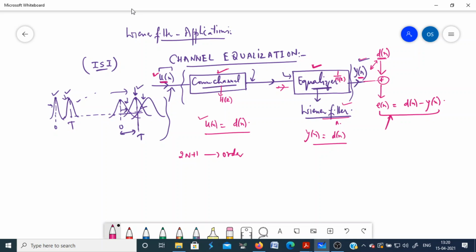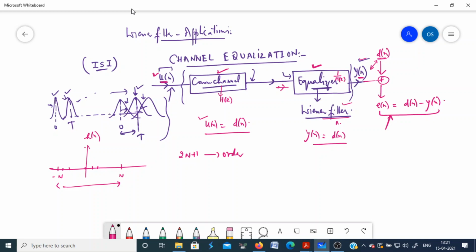So 2n plus 1 order means that it has filter coefficients starting from, suppose, minus n to plus n. This is the impulse response of this equalizer. So we have one coefficient h of minus n, then h of minus n plus 1, and so on, and h of 0, h of 1, 2, up to h of n. So the total length of this filter is 2n plus 1, which is the order of the filter.